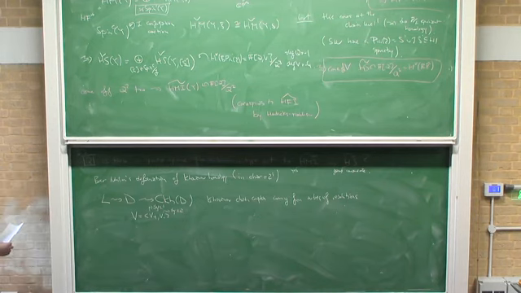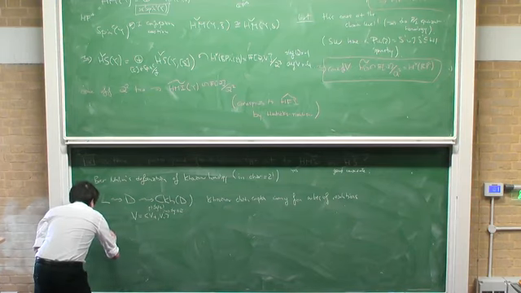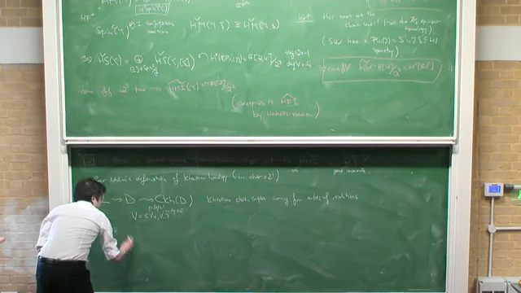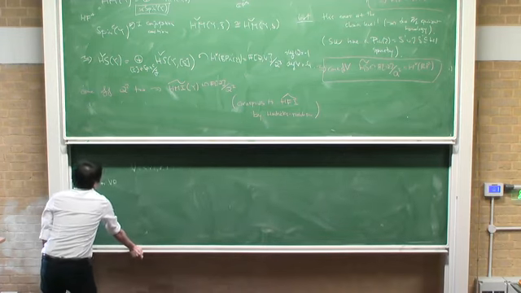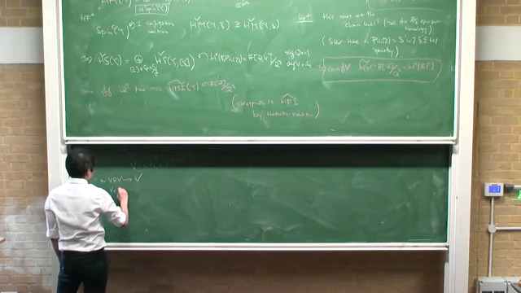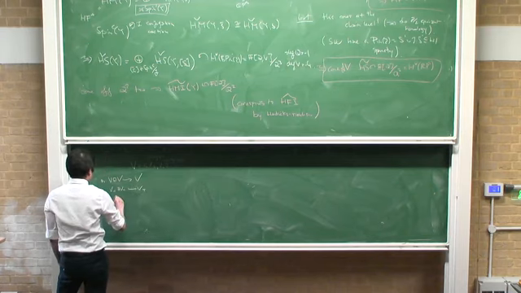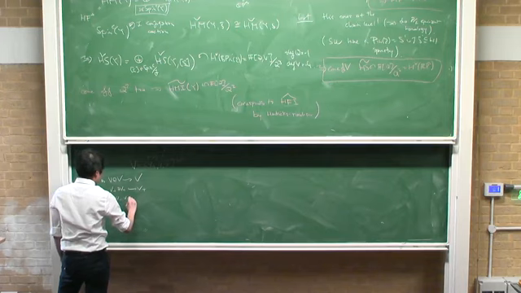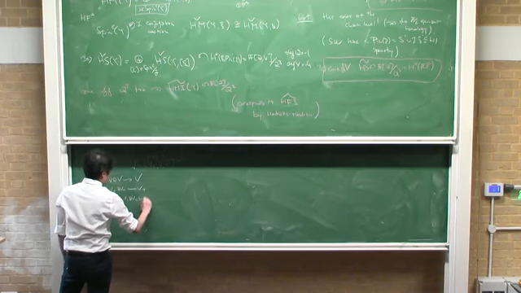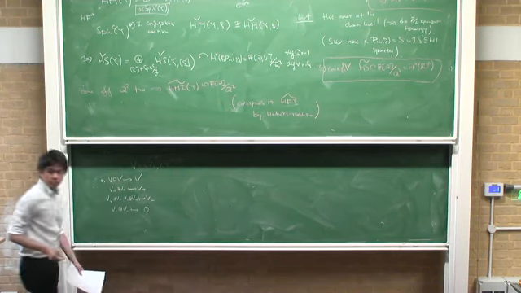Then you have these multiplications. The multiplication from V tensor V to V sends V plus tensor V plus to V plus, V plus tensor V minus to V minus, V minus tensor V plus to V minus, and V minus tensor V minus to 0.